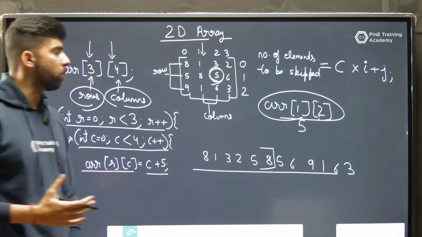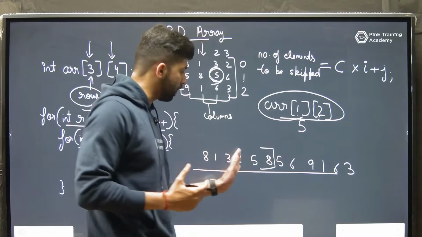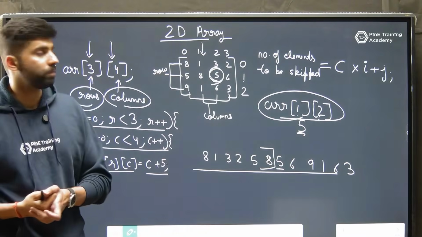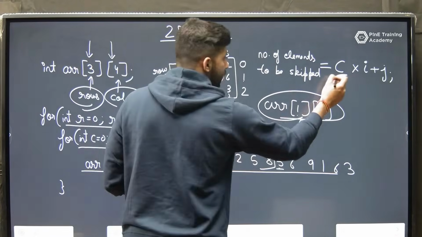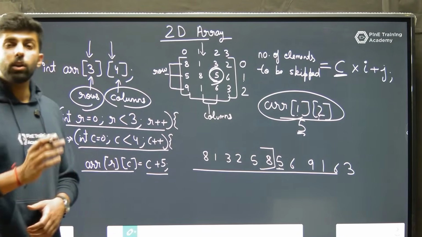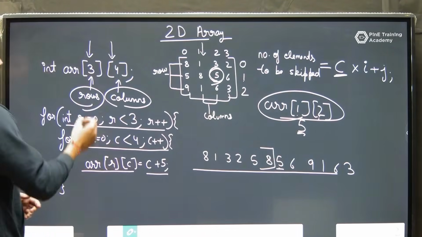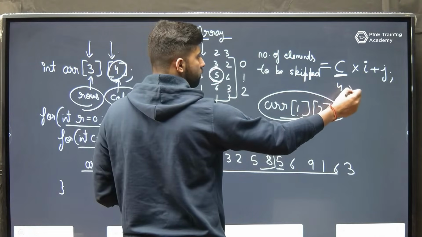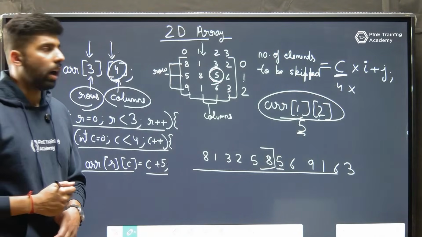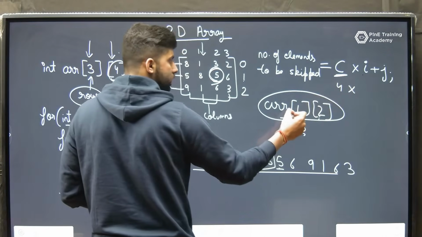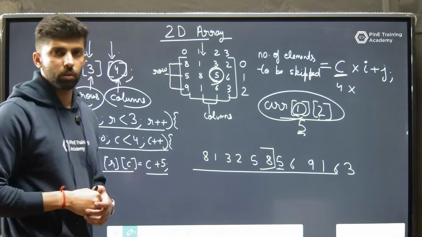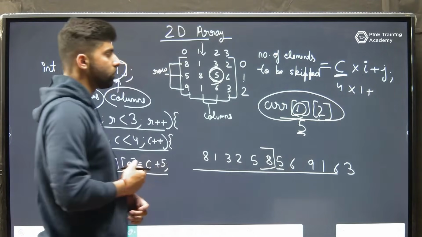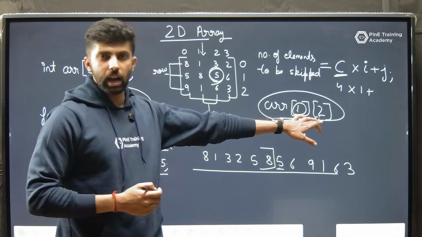This is a very simple formula which it uses to figure out how many numbers it should skip to find the correct answer, right? So C is the total number of columns present. Total number of columns present is 4. I is the number which I have written to access the row, and J is the number which I have written to access the column.